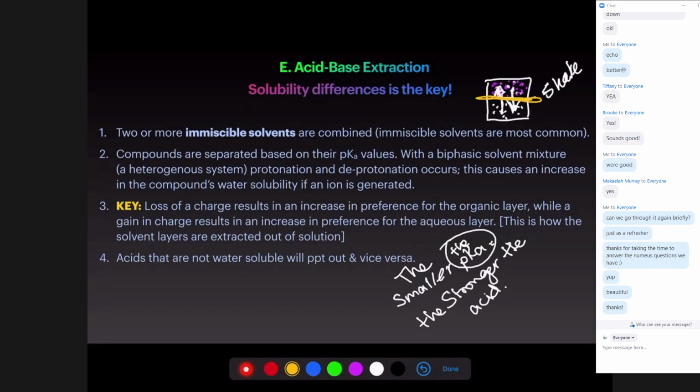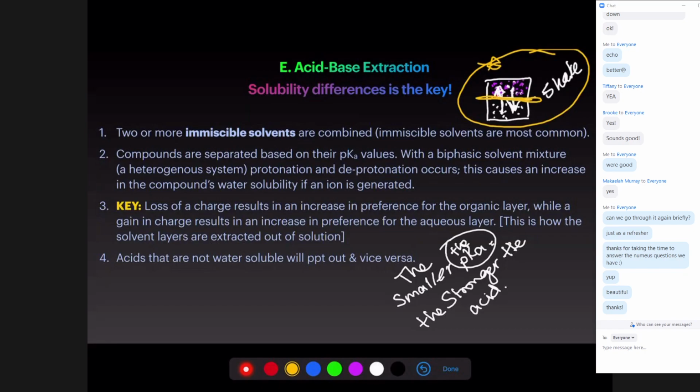So in lab, I'm only pointing out this key point right here. There's more steps before you get to this shaking part, but the shaking part is really what causes the organic layer and the aqueous layer to separate. Does that make sense? And this is the point of acid-base extraction: when you shake the solutions, they separate based on if an ion is extracted out of the solution.